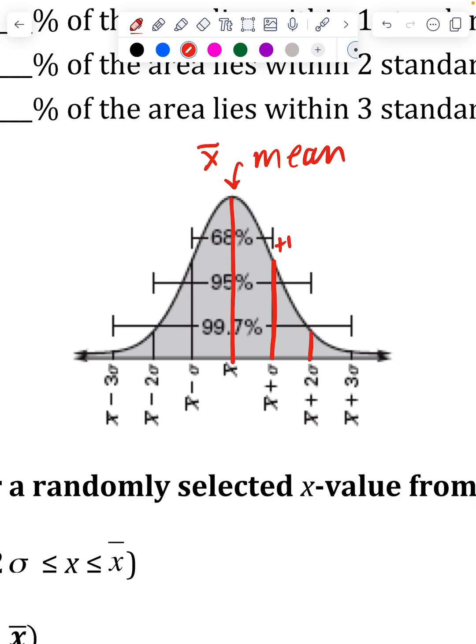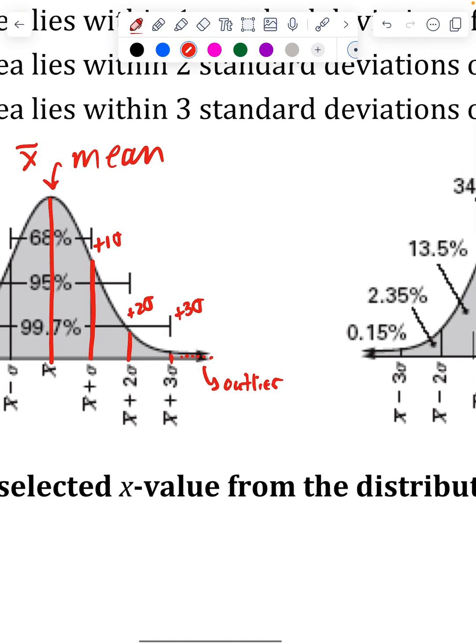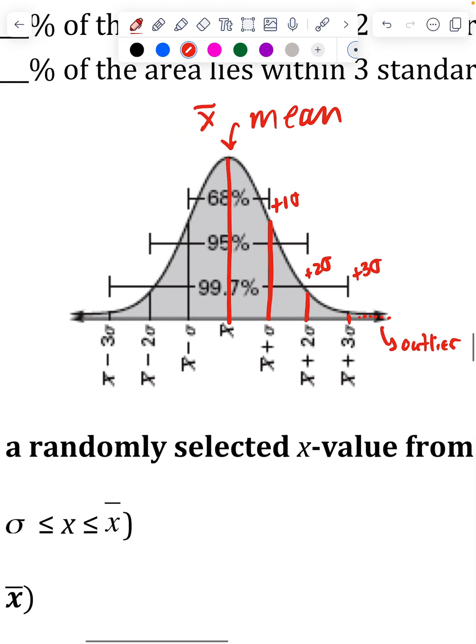And then this is going to be the mean plus 2 standard deviations. And then this last part is the mean plus 3 standard deviations. And then there's a little tiny bit out here. Anything in this place is considered an outlier, meaning it's super unlikely to happen.